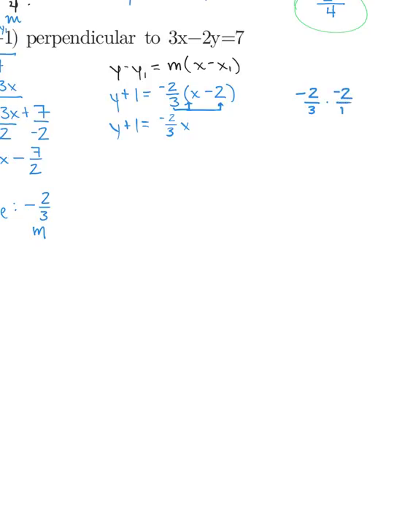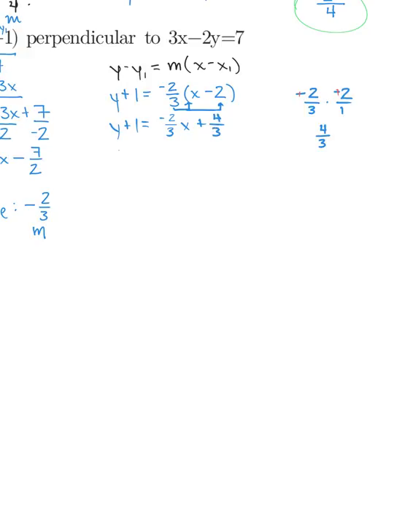We cannot cancel anything, so we want to multiply straight across. And we do end up with positive 4 over 3. Okay, so I'm going to bring that back to my equation.